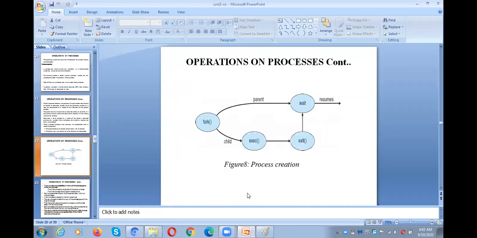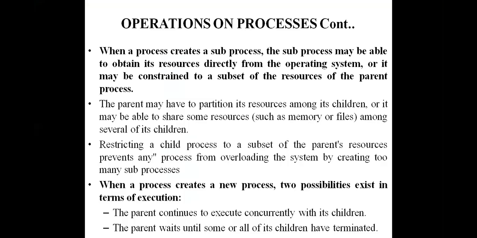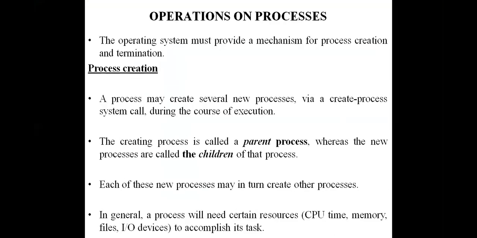Automatically, when a process creates a new process, two possibilities are there for the execution. Let me expand that. If you go to the last line, a process will need certain resources. In order to complete the task, a process needs to access certain resources such as CPU time, memory, and IO devices.